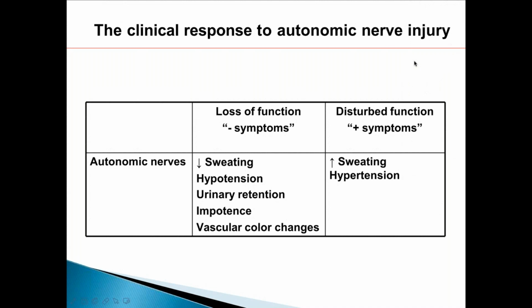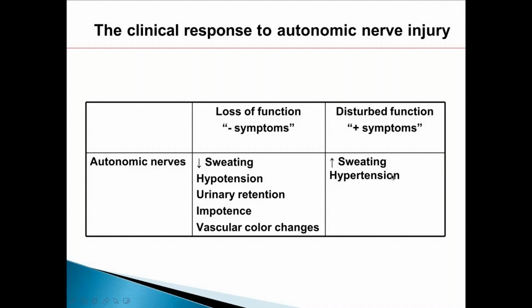Now the third is, what is the history pertaining to autonomic nerve injury? For autonomic nerve injury, you need to look at symptoms of decreased sweating, hypotension, urinary retention, impotence, and vascular changes, that is, color changes in the periphery, usually in the hands, arms, legs. And what are the positive symptoms? These are increased sweating, hyperhidrosis. That is also again dysautonomia, or hypertension.